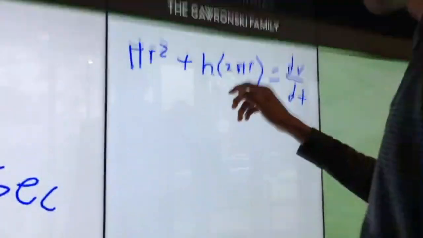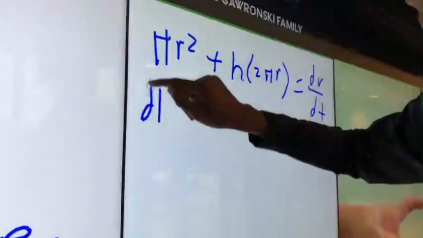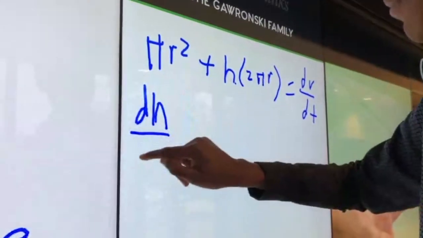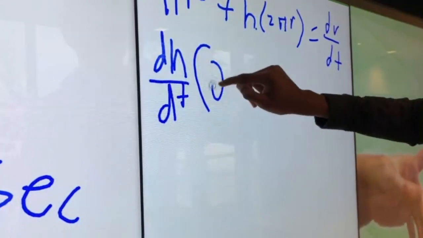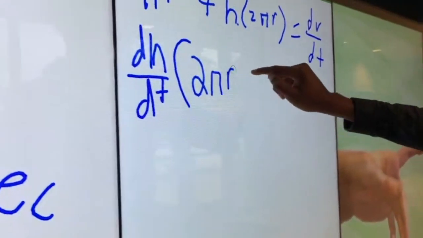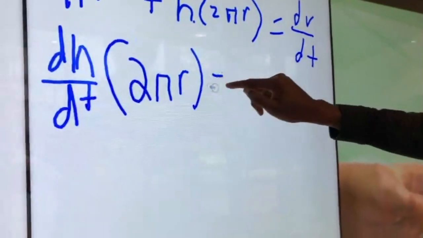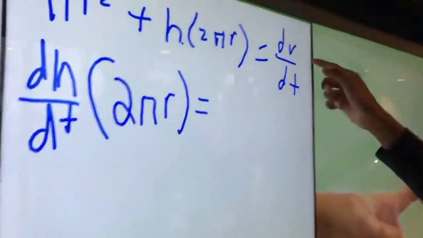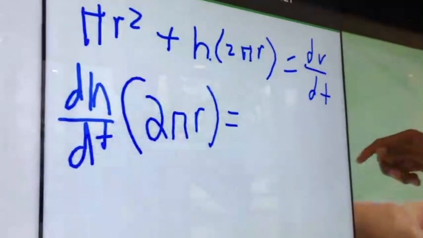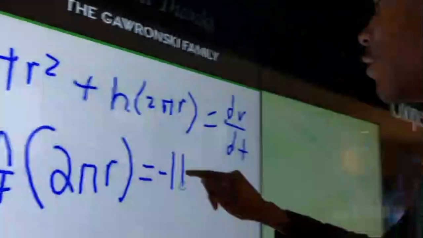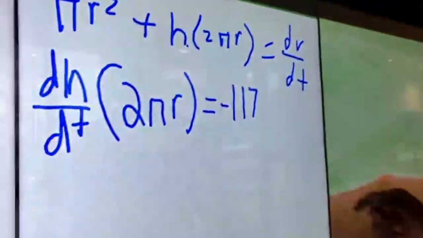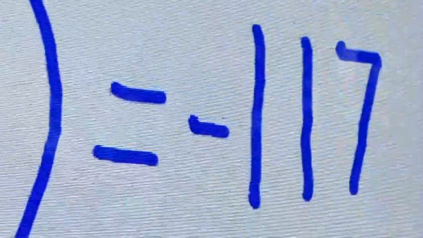So we'll write h, so dh over dt times 2 pi r is equal to our volume, and we already know that our volume is going to be negative 117, because it's draining at a rate of 117 milliliters per second.